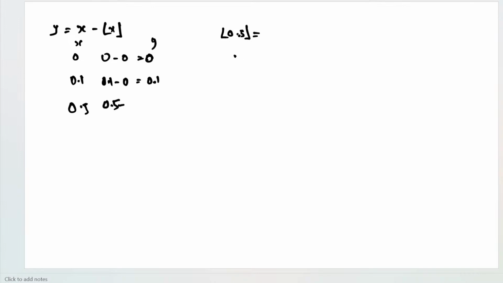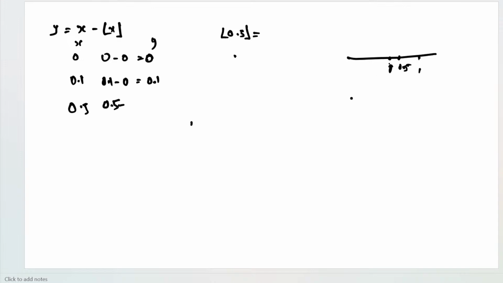Greatest integer function means the integer which is less than or equal to this one, right? You remember? It is the integer which is to the left of this one. This is 0, this is 0.5, this is 1.